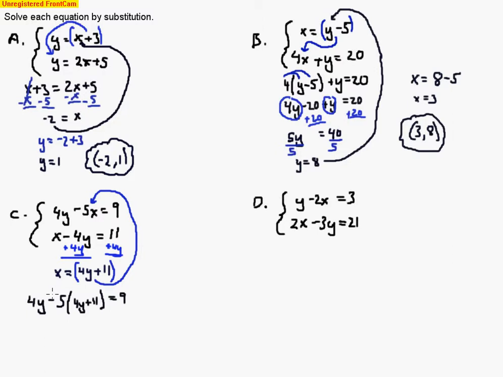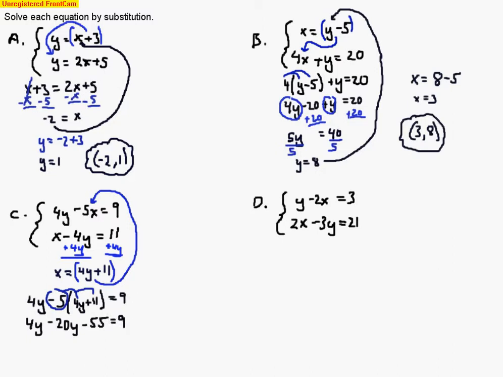And this negative 5 needs to be distributed over that addition. So when I do that, I'm still left with this 4y minus now 20y minus 55. And this all equals 9.